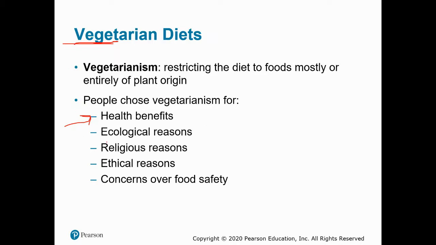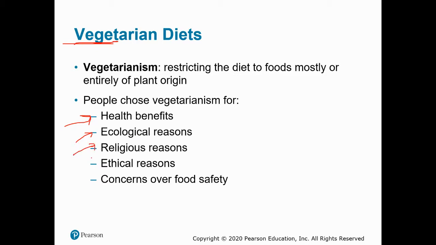People might also choose vegetarian for ecological reasons. We're starting to have a lot of scientific research now showing the environmental impacts of plant agriculture relative to animal agriculture, and plant agriculture has unanimously lower impacts on the environment relative to growing livestock or growing animals for meat.